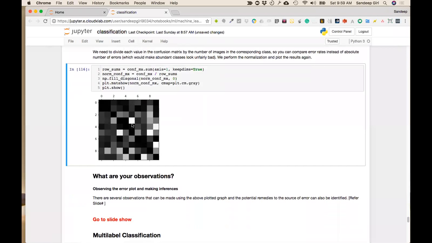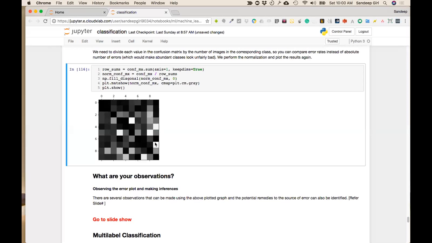Okay. So Kamal is saying that 8 and 6. So brighter means it's being classified as something else. Okay. So these brighter ones mean that 5 is being classified as 3 and 3 is being classified as 5. Okay. While 3 is mixed up with 2 and 5. That's correct. 2 and 5. Thank you, Gigi. And 8 and 5. Okay. 8 and 5. Yes.